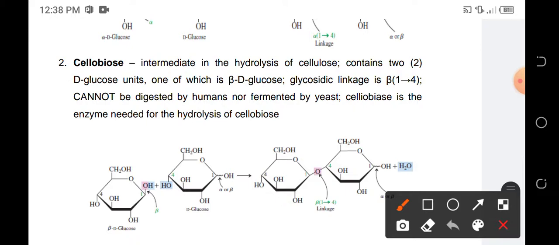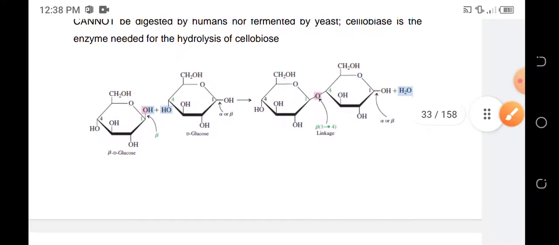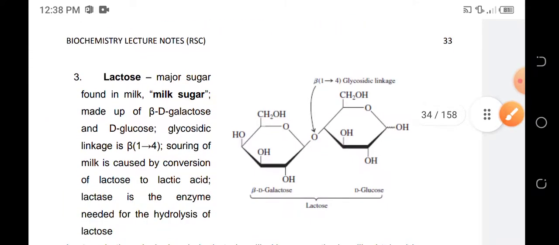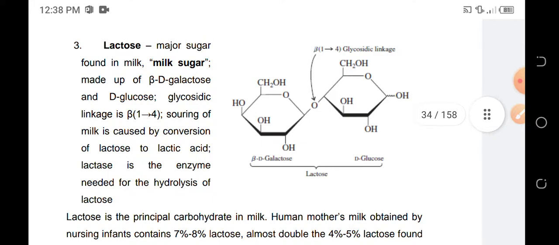The cellobiose could not be digested by humans or by yeast because we lack the enzyme cellobiase to act upon it. Okay? However, for lactose and maltose, we have their enzyme, so we could actually digest lactose and maltose.